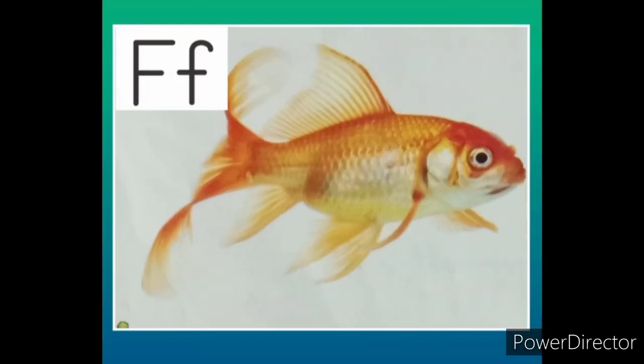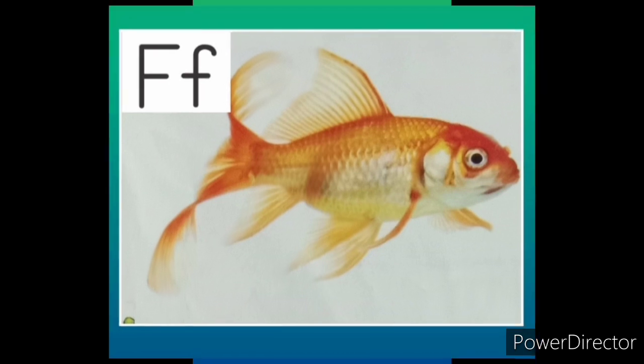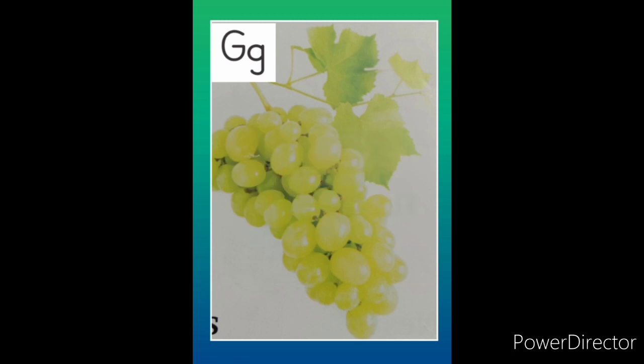What comes after E? F. Capital F, small f, Mama F, baby F. F for fish. What comes after alphabet F?